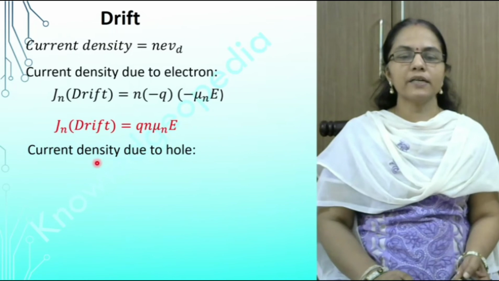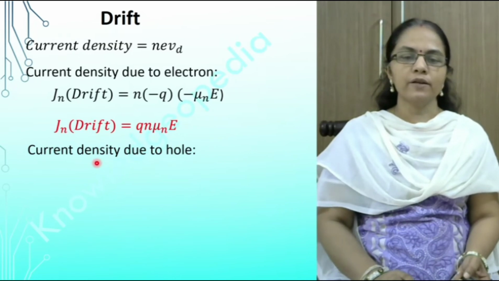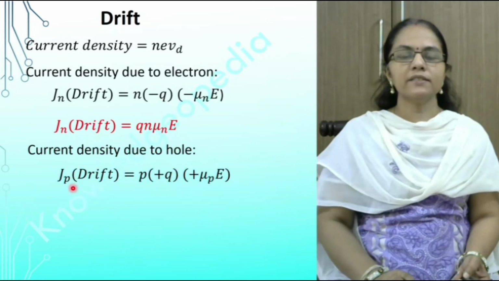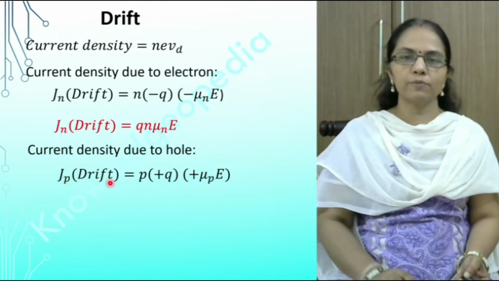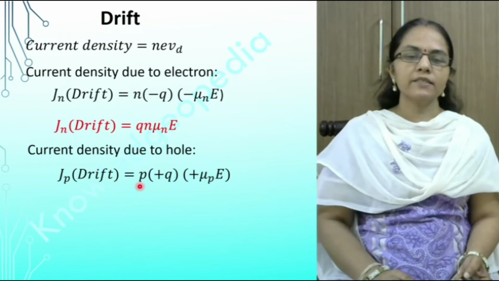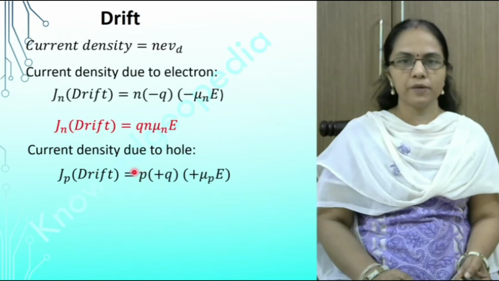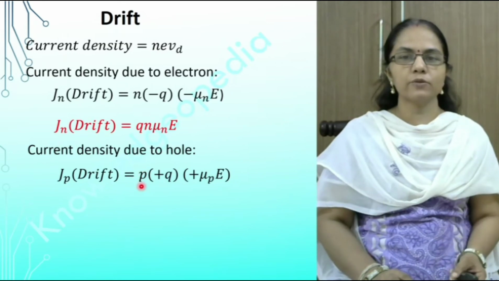Now coming to the current density due to hole. What will be the expression? Jp drift, here again P is due to the hole, and drift is the drift component of the current, is equal to, here N is the number of holes. So I have replaced this with P to distinguish that this is due to hole. So P is the number of holes.